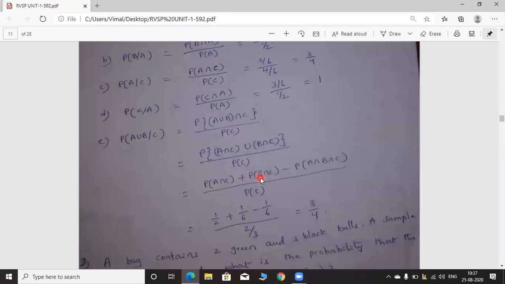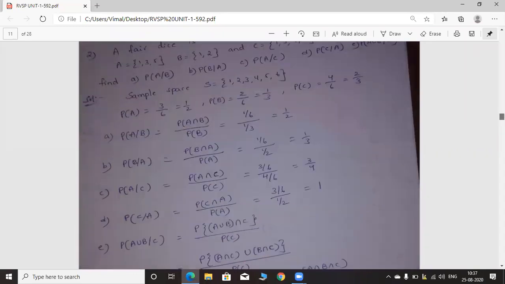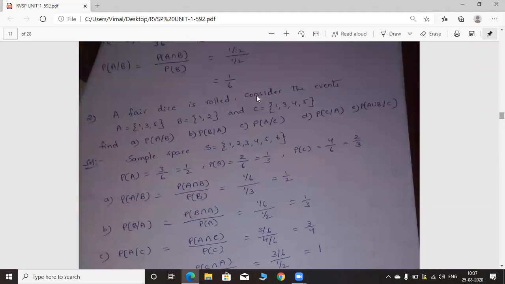B intersection C. This is not calculated. So let us go for events B and C. Let us see the events B and C. In the event B, we have two elements, 1, 2. In the event C, we have 4 elements, 1, 3, 4, 5. So is there any common element for the events B and C?